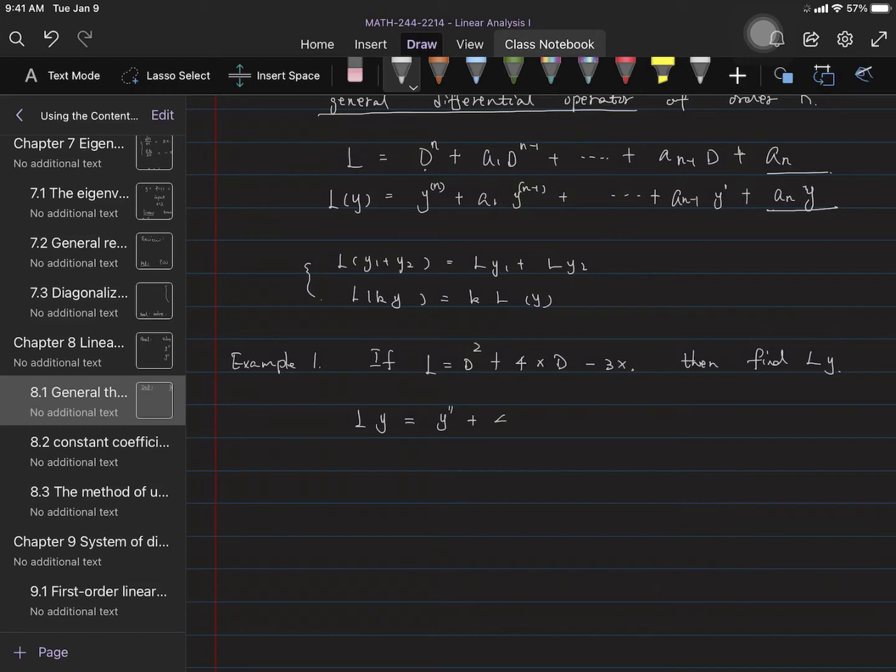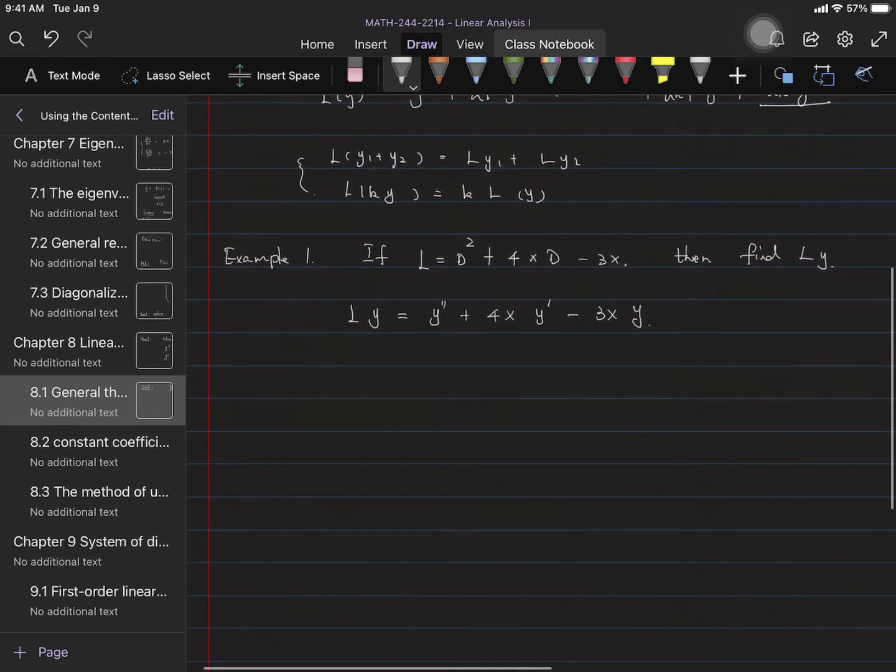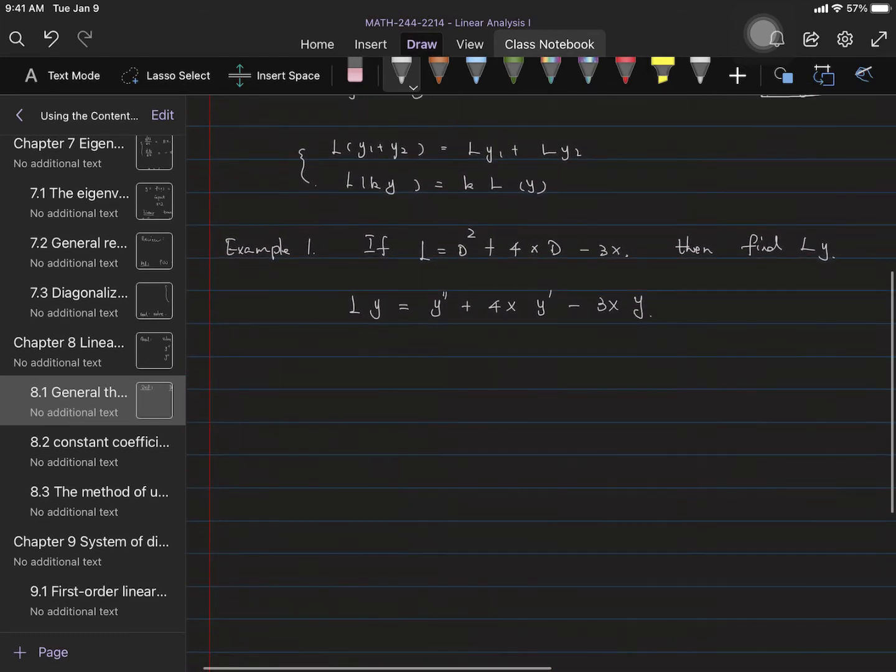And plus 4x times the first derivative, minus 3x, which is like a constant compared to the function, whatever. So 3x times y, like this. 3x means we don't take any derivative of y, just keep the y there.